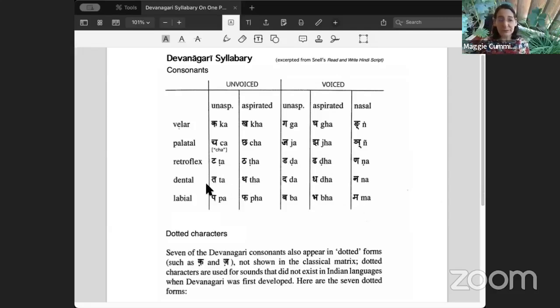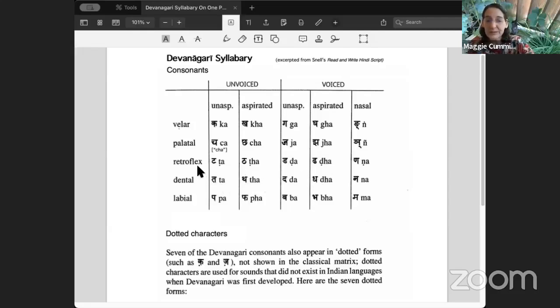The alveolar ridge, is it? I think the ridge is just a little bit further back. Further back, okay. Yeah, but this is right where the teeth end and the skin in there begins. And we want the tongue to firmly touch that area for these T's and D's here. And I think it's very similar to Spanish.